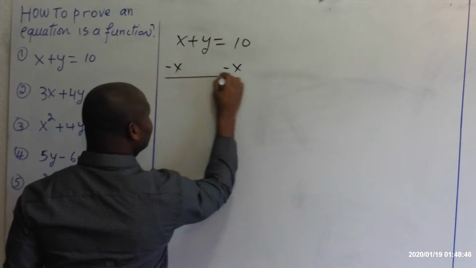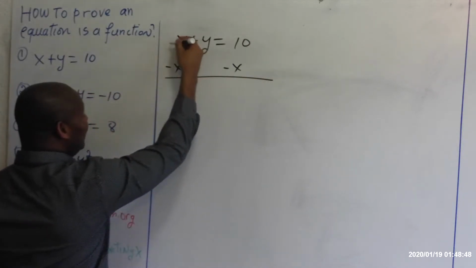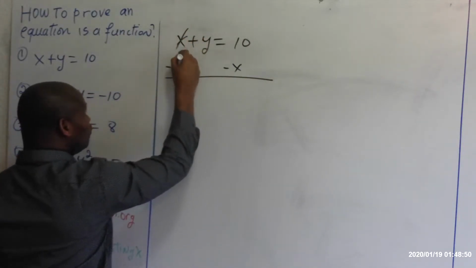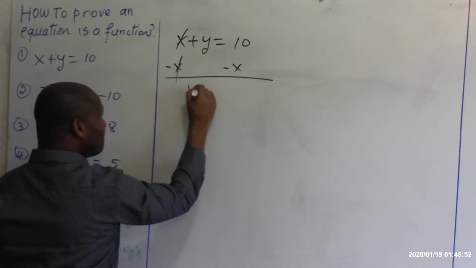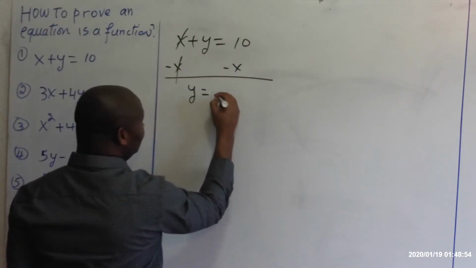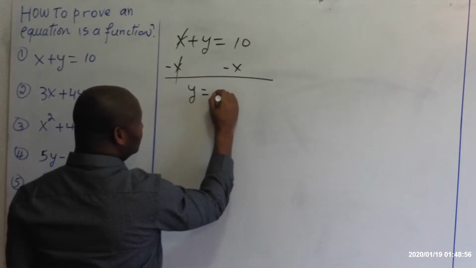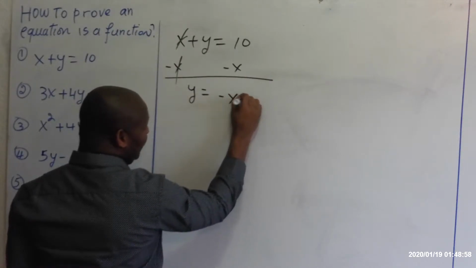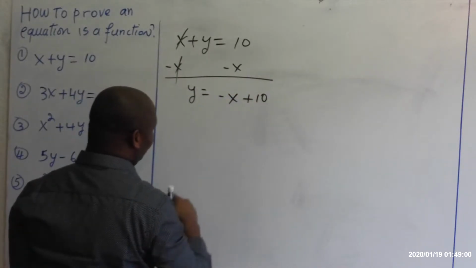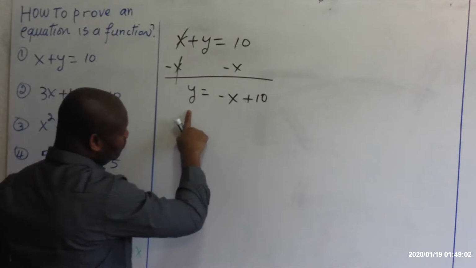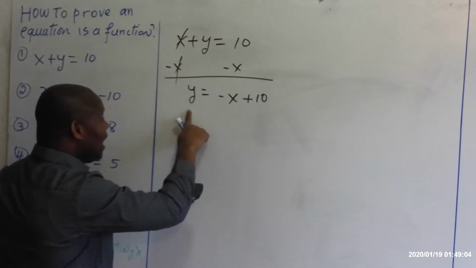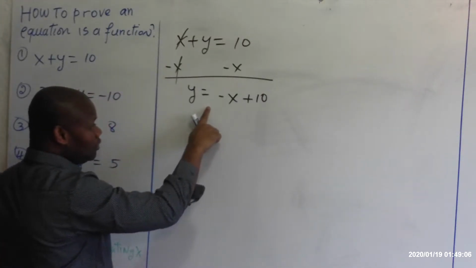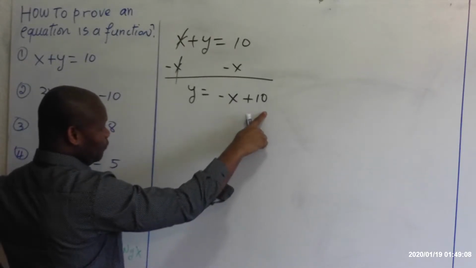So positive x, negative x, that cancel. Bring down y. So it's going to be negative x plus 10. I have y equals negative x plus 10.